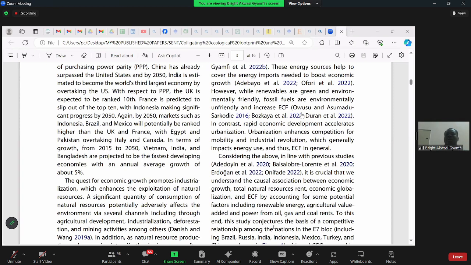But there's a methodology which is new, which nobody has used for that particular research. I can write that my contribution to this study is that I am using a different methodology, which is different from the previous methodologies used in the papers you mention.